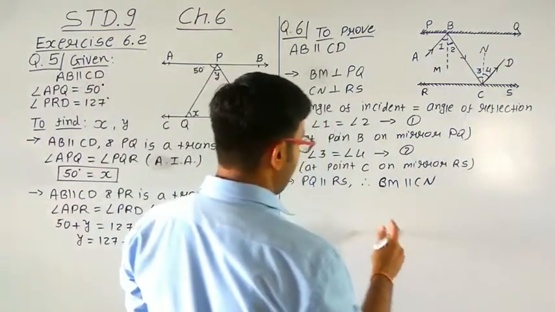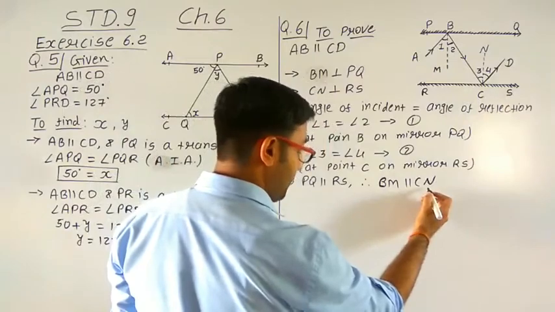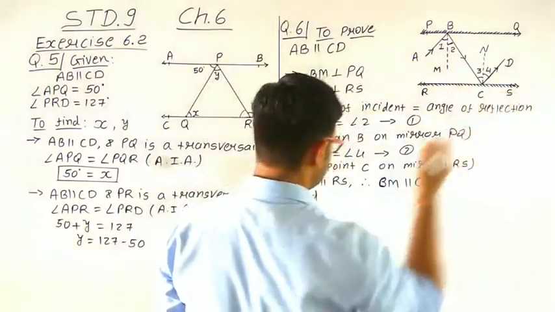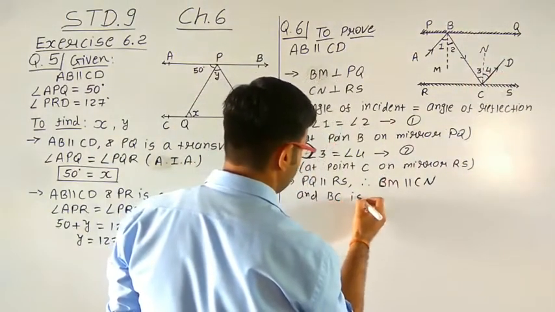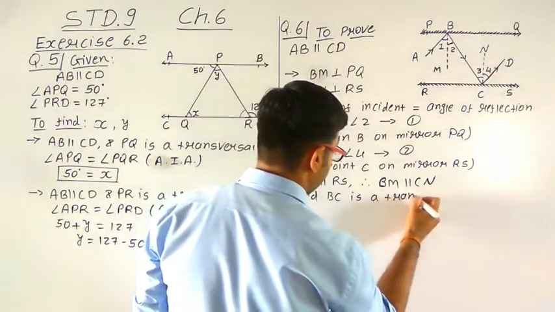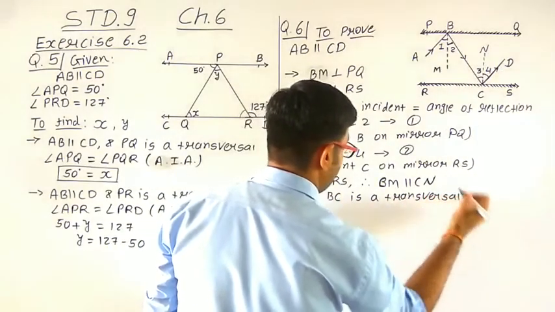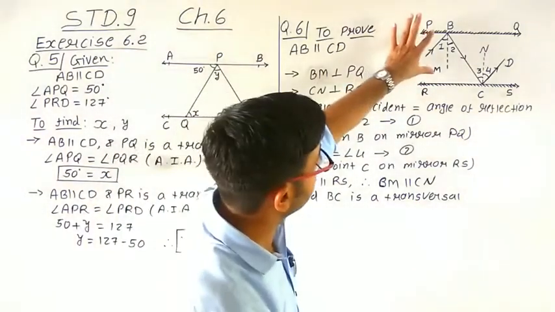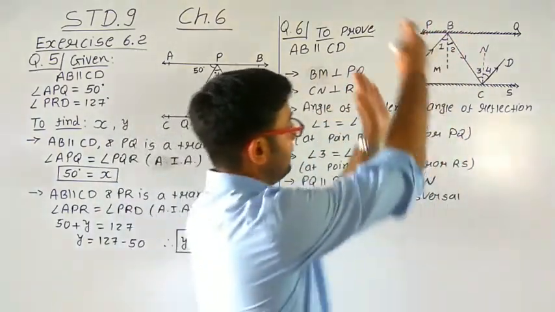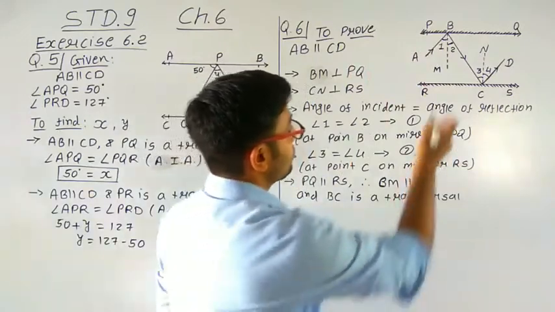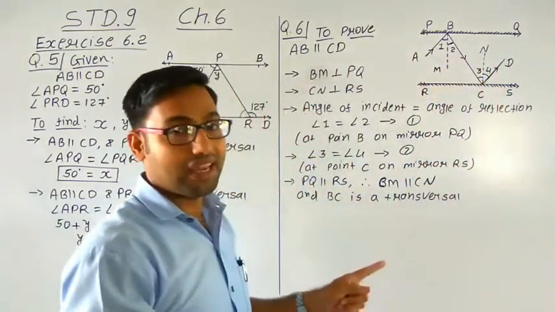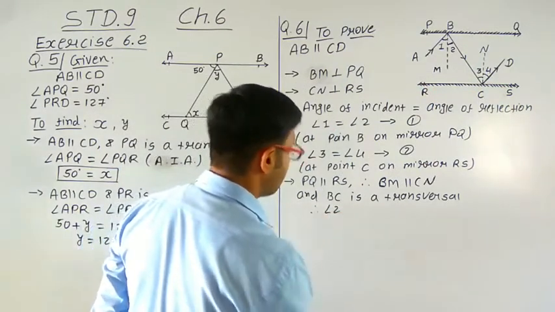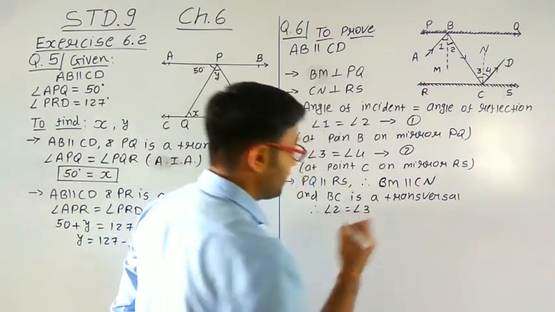Now we can consider BC as a transversal. BM and CN are parallel to each other, and BC is the transversal. So angles 2 and 3 make a pair of alternate interior angles, and we can write that angle 2 is equal to angle 3.